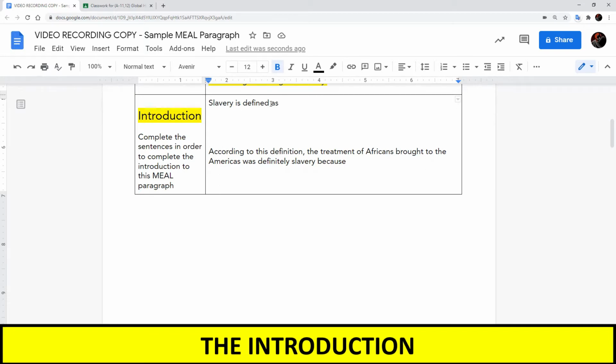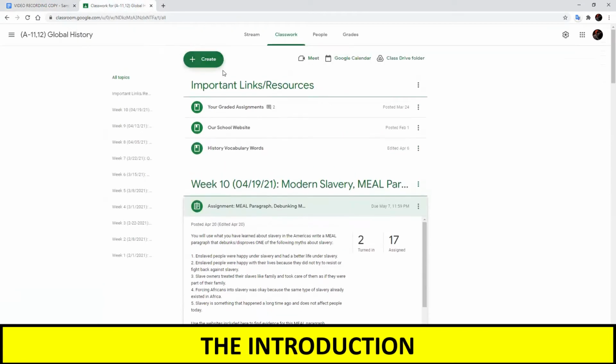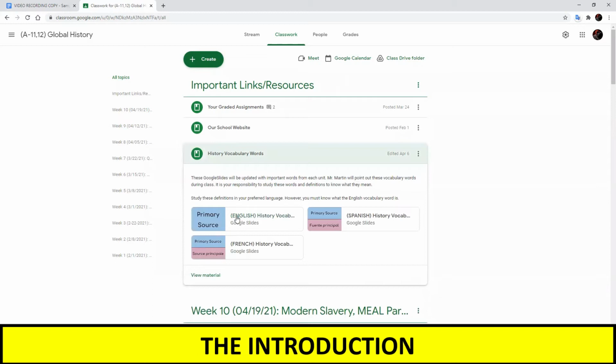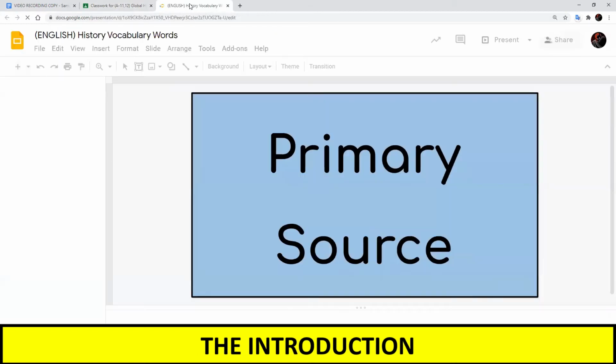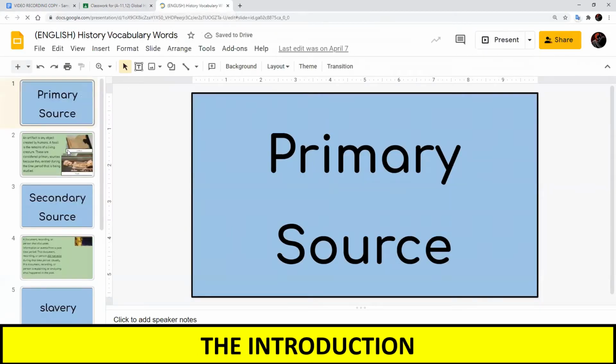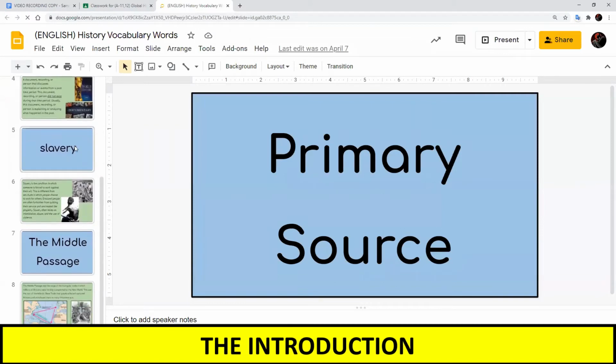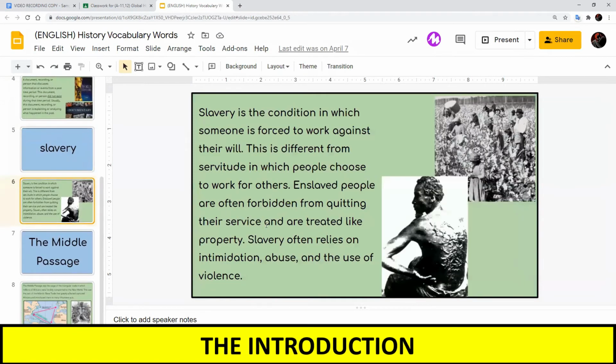What comes to mind is if you go on the Google Classroom, in the first section under important links and resources, you will find history vocabulary words. And this is one of the words I've given you a definition for. You are free to look this word up. It's right there, slavery, and I gave you a definition for it. If you wanted to almost copy this definition, that's fine. If you want to just take ideas from this definition, it's also fine.